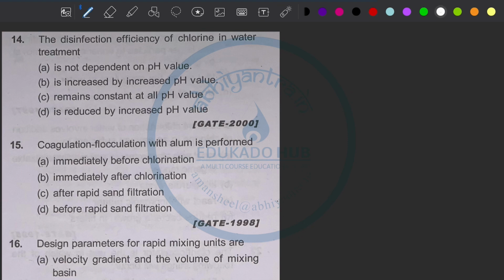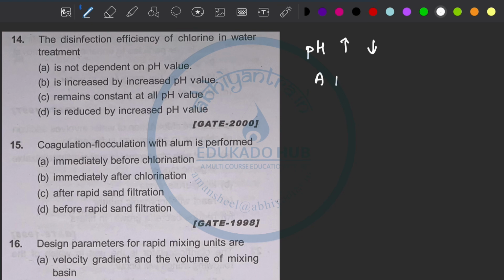Disinfection by chlorination. Chlorination is most effective at a certain pH range. If the pH is between some values, then the chlorination process is mostly effective. If we increase or decrease the pH, it reduces the efficiency of chlorination.